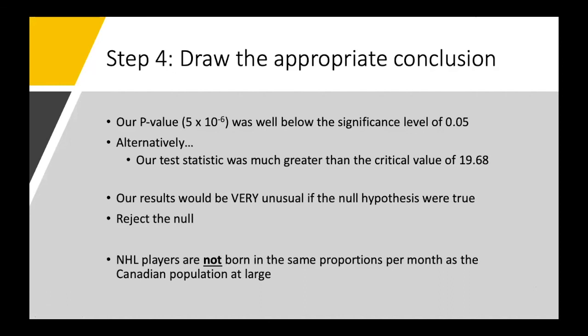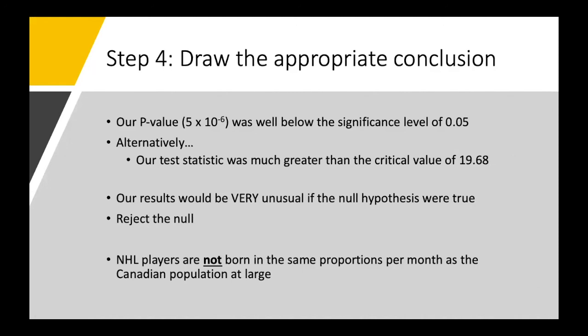So now that we've calculated our p-value, we need to draw an appropriate conclusion. Our p-value was very, very small and well below the significance level of 0.05. Or alternatively, we could determine that our test statistic was much greater than the critical value of 19.68 for a chi-squared distribution with 11 degrees of freedom.